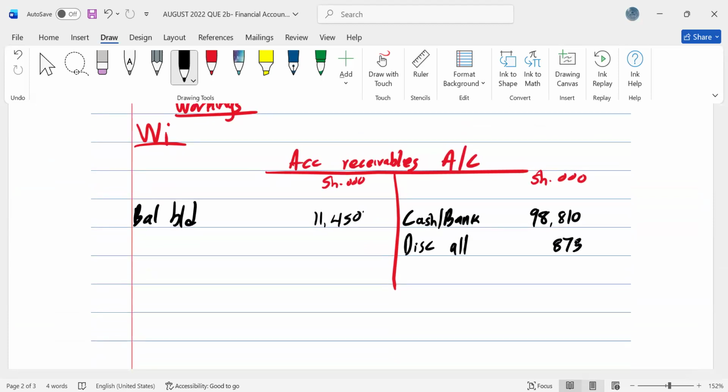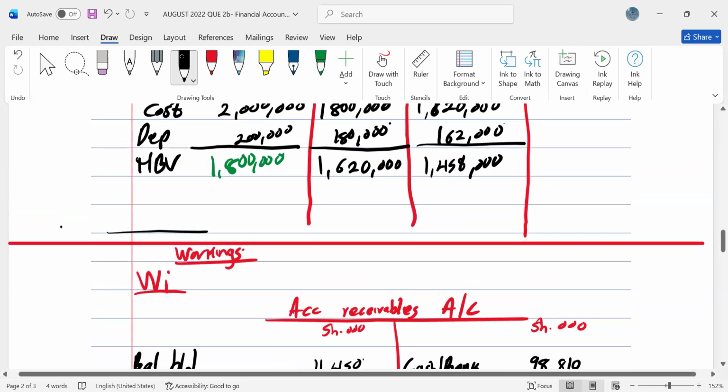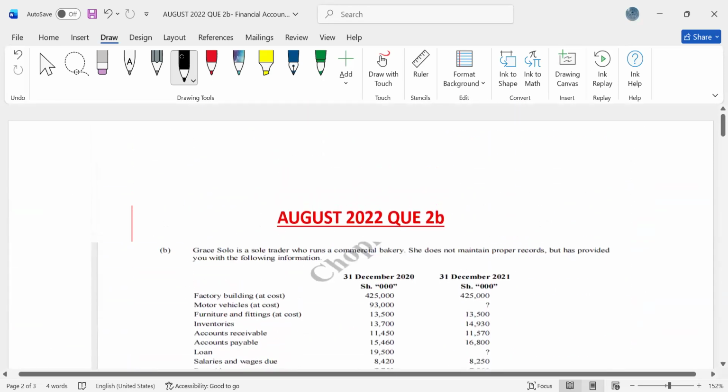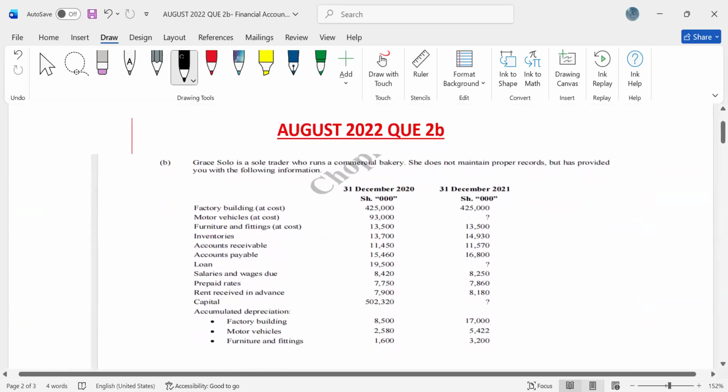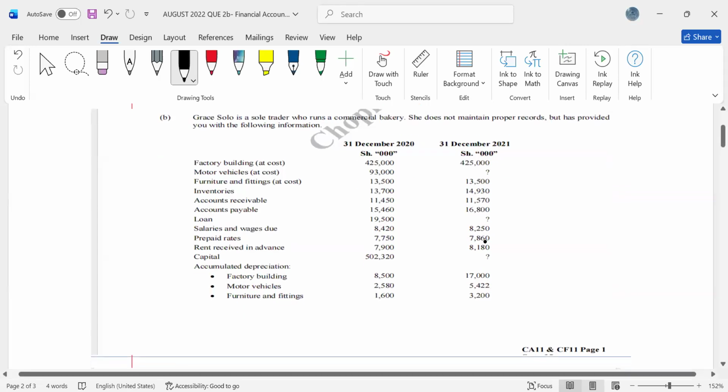Now, do we have any other figure that is going to affect this? No. But there's another figure: did we have the closing figure for account receivables, the one under 2021? Yes, we had it. There's a figure that is 11,570. This one.